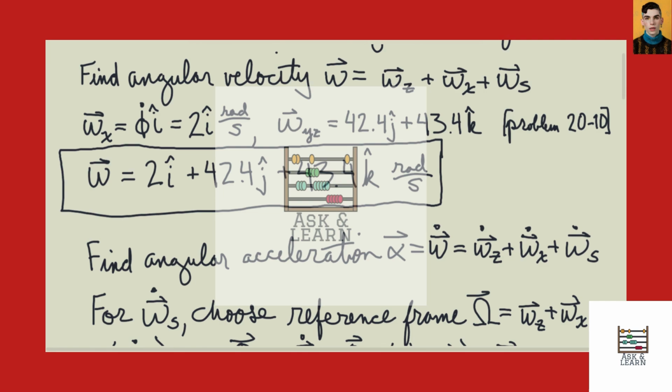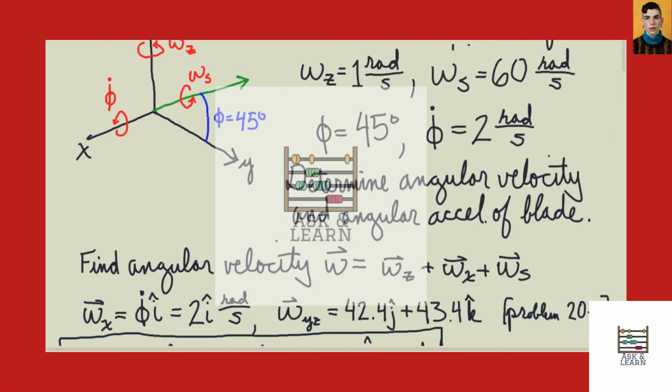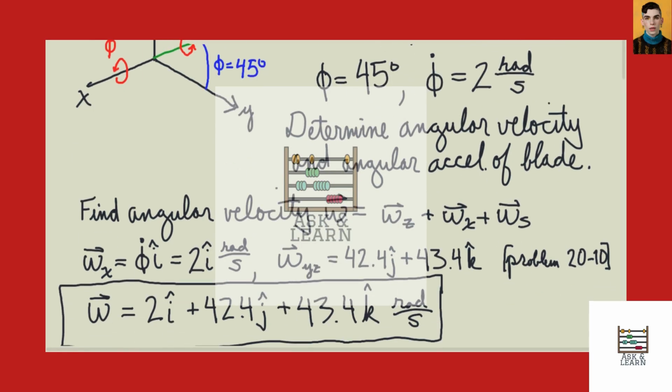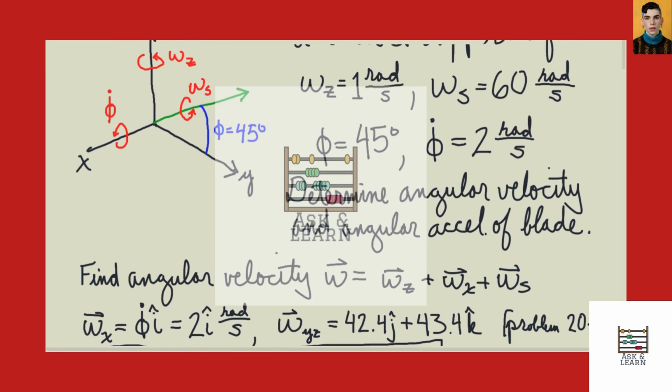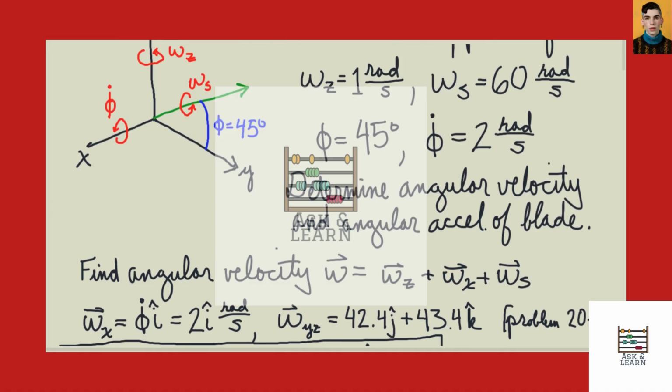For this problem, we now have the addition of another rotation about the x-axis. The magnitude of the angular velocity is given in the problem as 2 radians per second. Now we need to figure out the direction of the angular velocity vector given the direction of rotation.